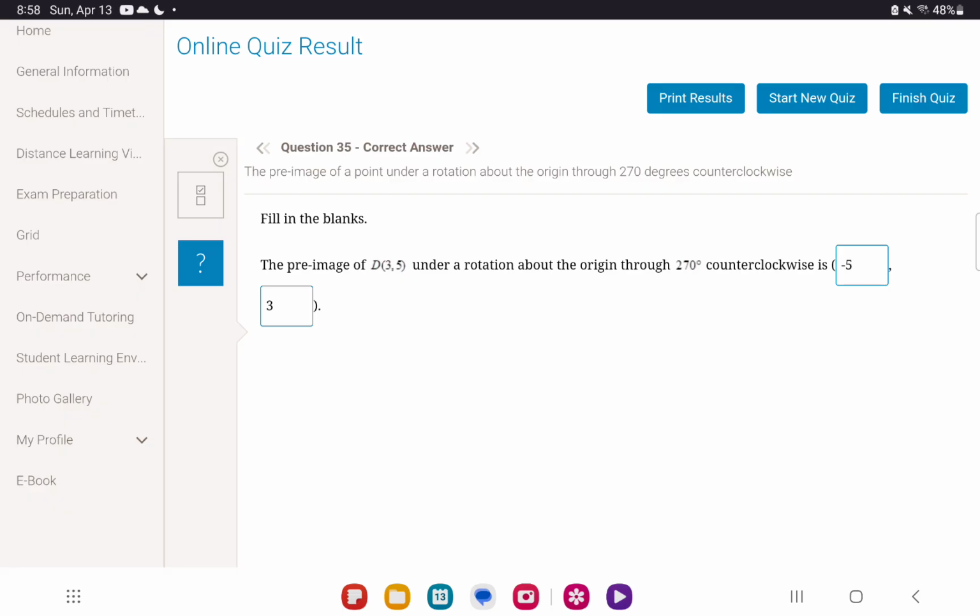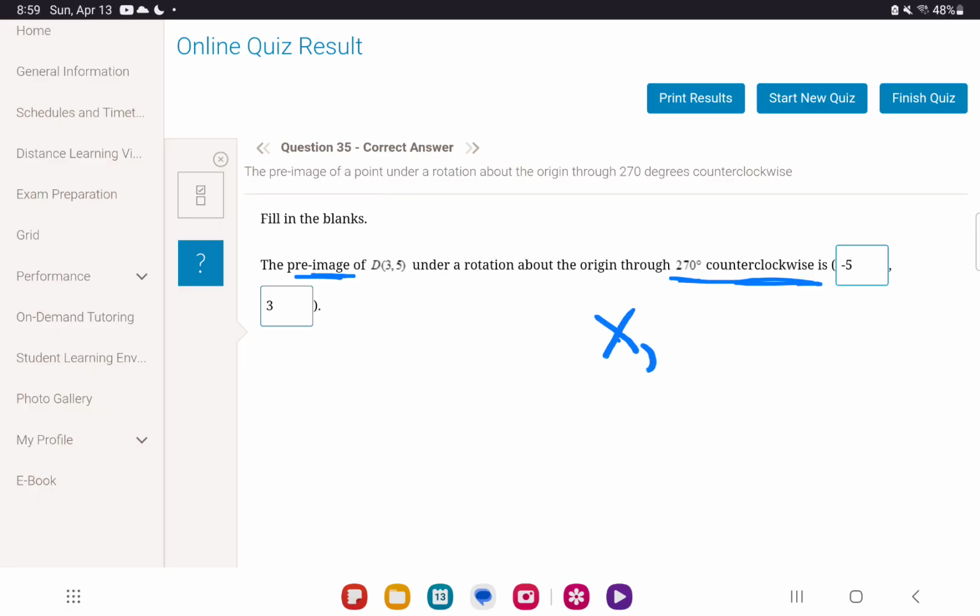Okay, for this question, whenever they tell you they want the pre-image of whatever coordinates under a rotation about the origin of 270 counterclockwise, it's always, let's start with the coordinates x, y, okay?